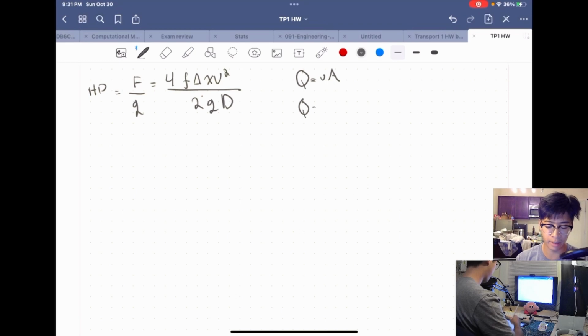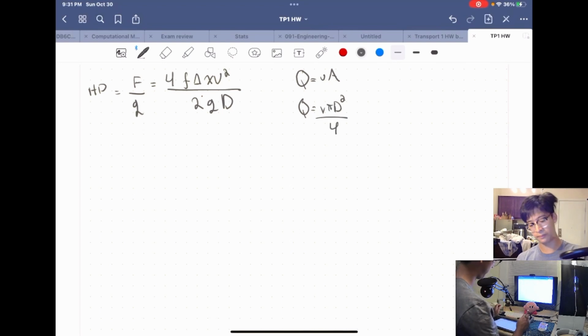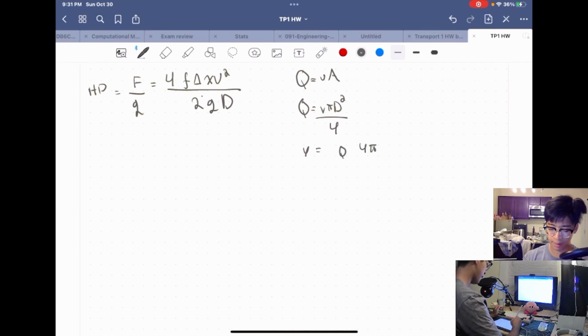For a pipe, the area is going to look like pi d squared over 4. Okay, so v equals Q over pi d squared over 4, so v equals 4Q over pi d squared.